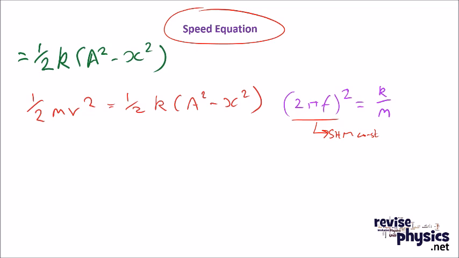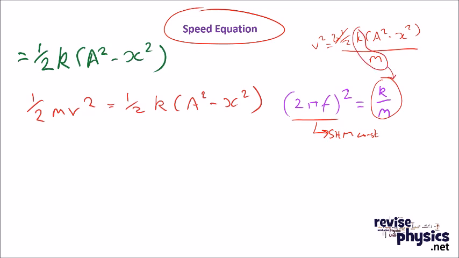and knowing that when we rearrange this to get v squared, we will get that v squared is equal to 1/2 k (A squared minus x squared) over m, and that half will become a 2 on the top. Well, those two are going to cancel, and k over m is here.